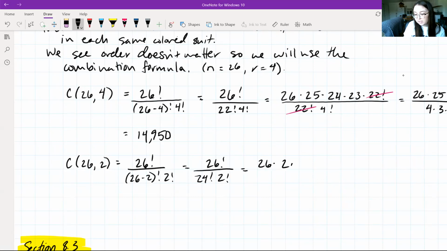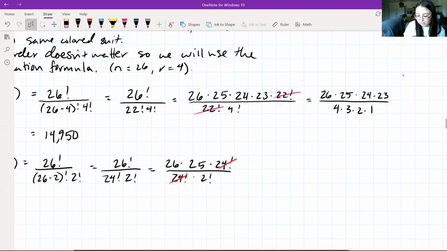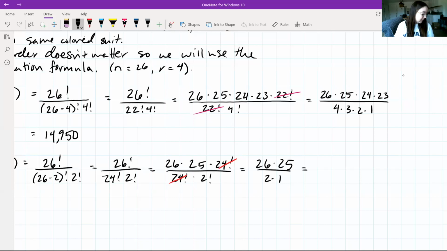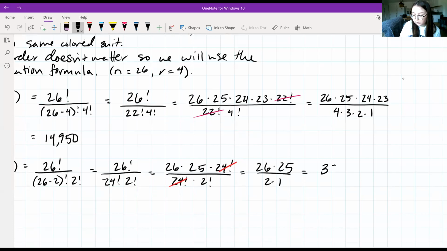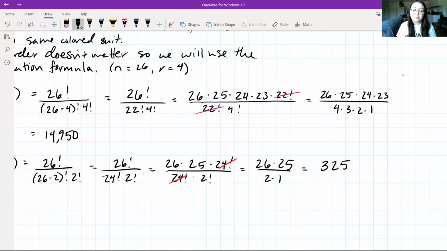Then we get 26 times 25 times 24 factorial times 2 factorial. So we can cancel our 24 factorials, and we end up getting 26 times 25 divided by 2 times 1, and this is going to give us 325.